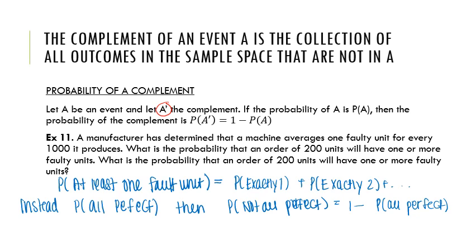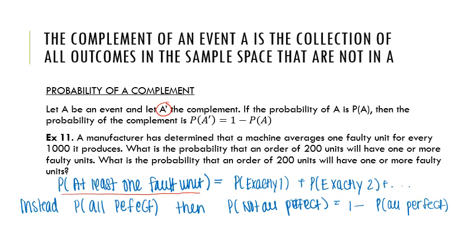So to find the probability of at least one faulty unit, you would have to find the probability of exactly 1 faulty unit plus the probability of exactly 2 faulty units, and then keep on going all the way up to 200. So you would have to add 200 probabilities. That's going to take way too long.